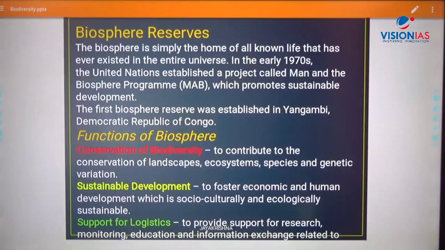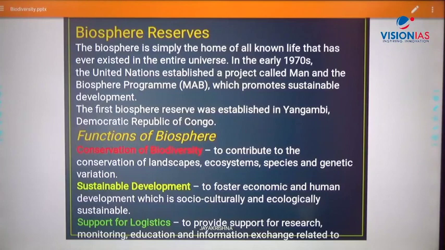What is the first national park of India? It is Jim Corbett. This is what we discussed. Whereas the first biosphere reserve of the world, which is it? It is Ngambia. Very, very important. Ngambia Biosphere Reserve, which is located in the Democratic Republic of Congo.